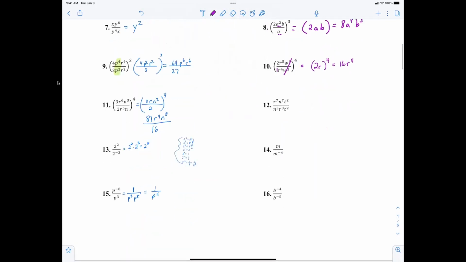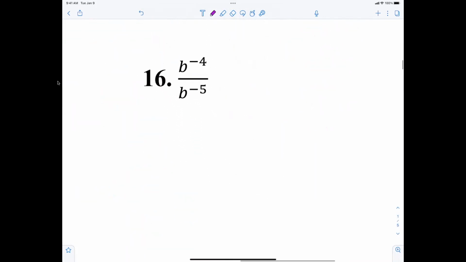Now, the other nice thing is, let's take a quick look at 16. Negative exponents. You shouldn't have to find the rules. The rules should already be on your paper, so I'm just repeating what's already on your paper. When you have a negative exponent, they just change.